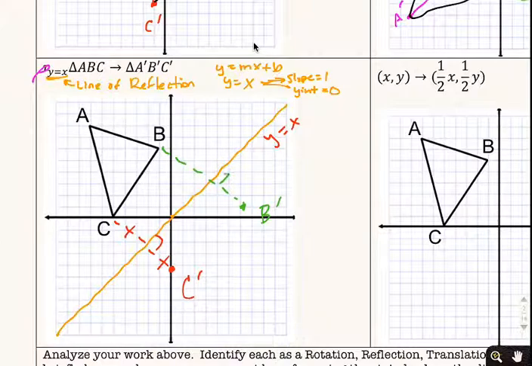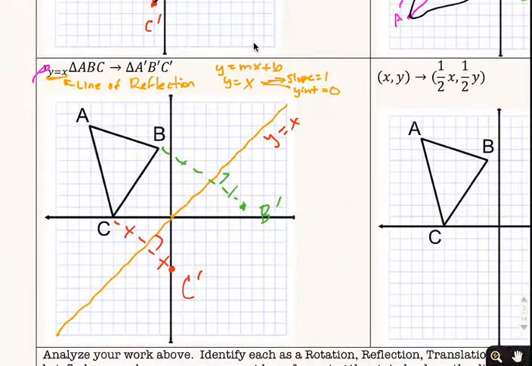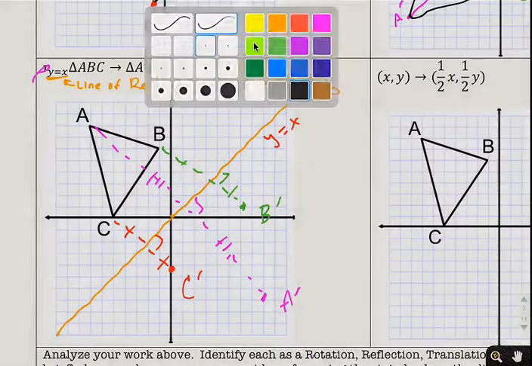Again, we're looking at a perpendicular bisector, and C prime is going to be the same way. Eight. Okay, so we have a perpendicular bisector to A prime.